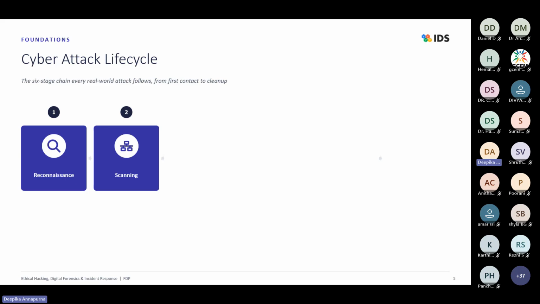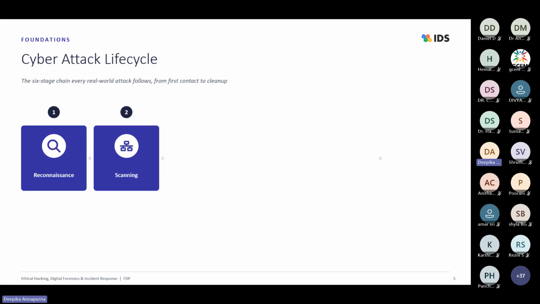Second step is called scanning. Here attackers target to discover the open ports. They will check if there are any vulnerabilities in the system, like open ports, running services, or outdated operating systems. They will check if there is any weakness. Let's say someone is trying to rob a house.